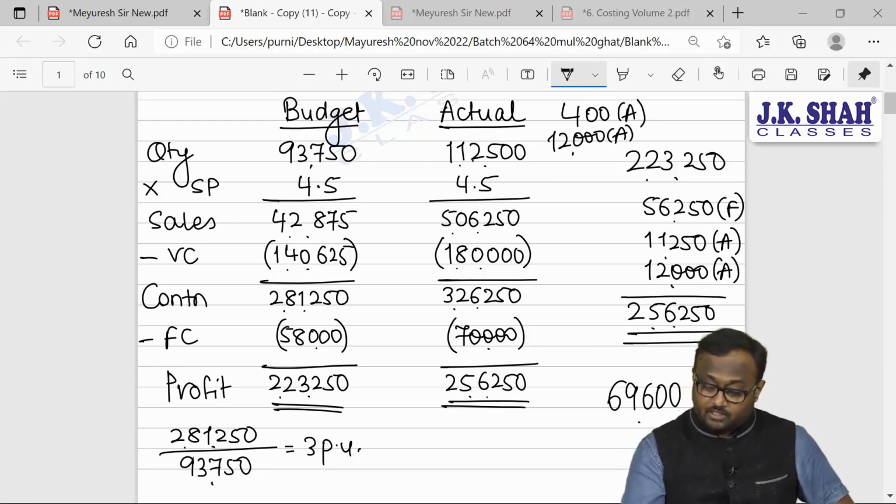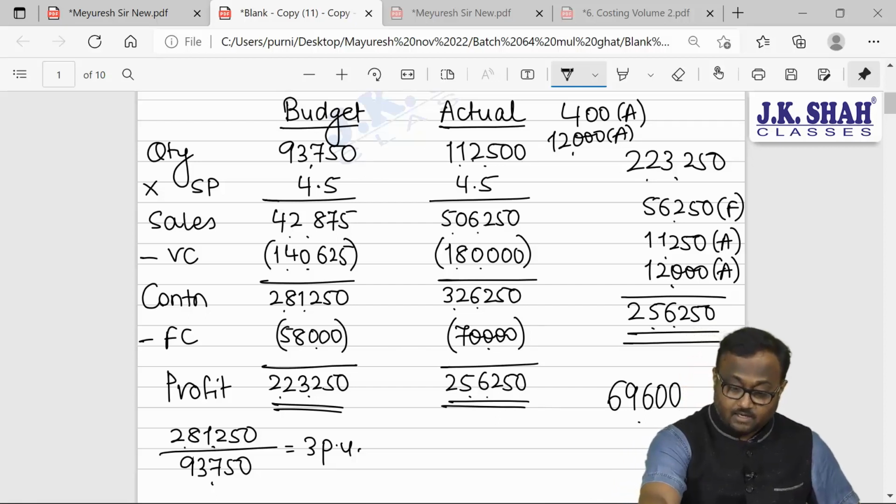और volume variance इधर मिलता आपको 93,750 minus 112,500 into absorption rate.